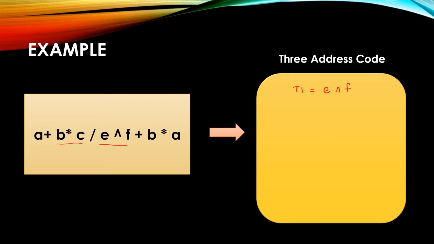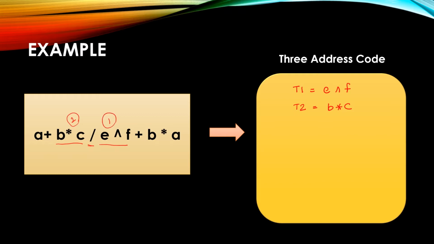After that, while scanning from left to right, this holds the second priority. This is the first priority and this is the second priority. So T2 is equal to B star C. The result of B star C will be stored in the temporary variable T2. Now we have evaluated this part, so after that, this division operator can be evaluated.